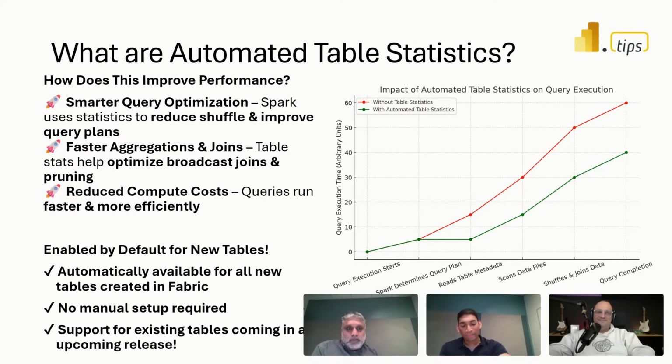So to be very clear, this is only when you do the write through the Spark engine can we go and create stats and update stats. Now you can always run something outside and then run a stats refresh from the Spark engine, and then you will get these statistics.